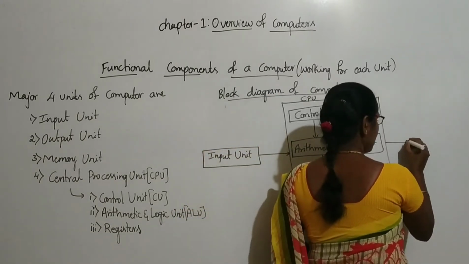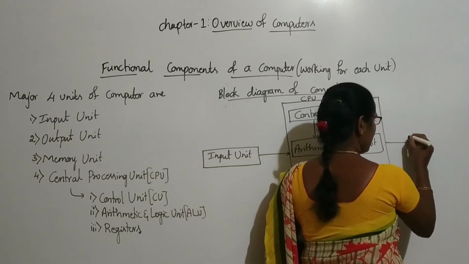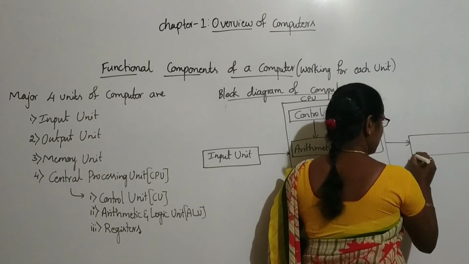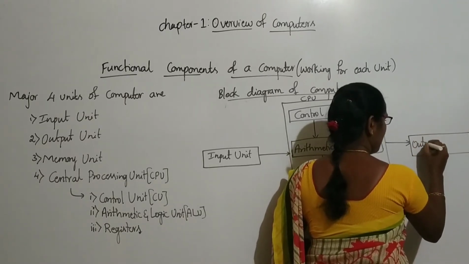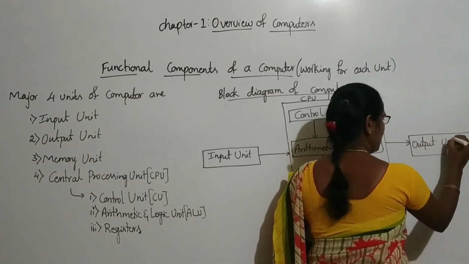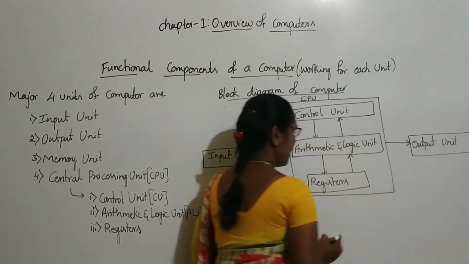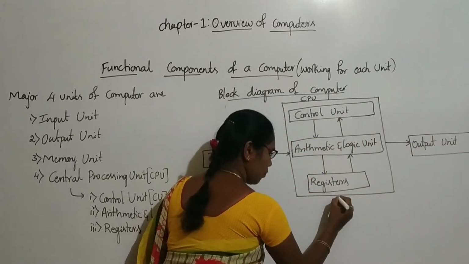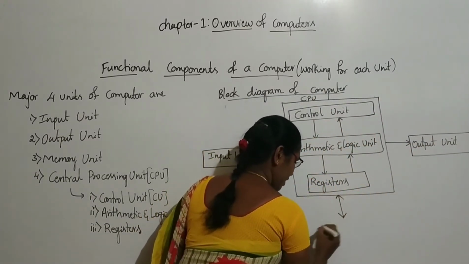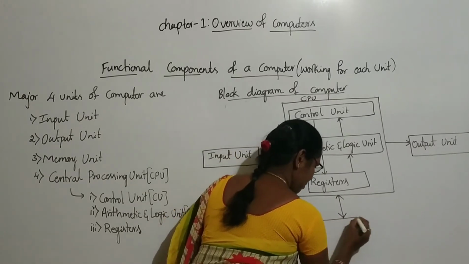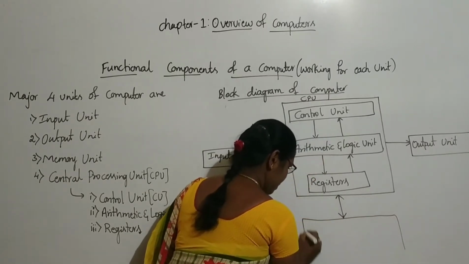Next, it communicates the information as an output. We connect the output unit to the CPU, and the data should be stored in a memory. We connect the memory unit to the CPU.